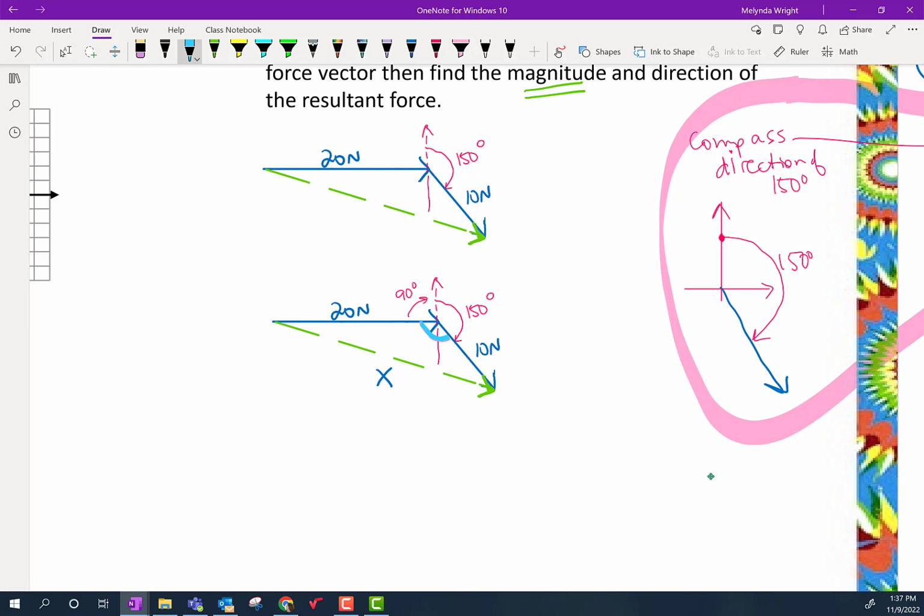Absolutely. We add 90 and 150, subtract from 360. So I take 360, take out the 90, take out the 150, and that gives me 120. So this angle measure is 120 degrees.